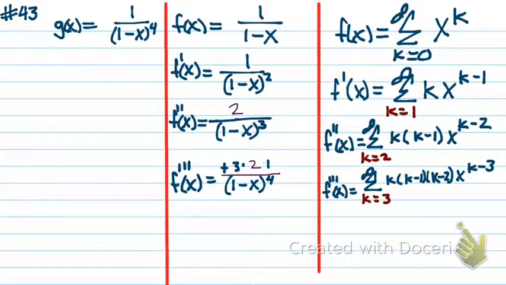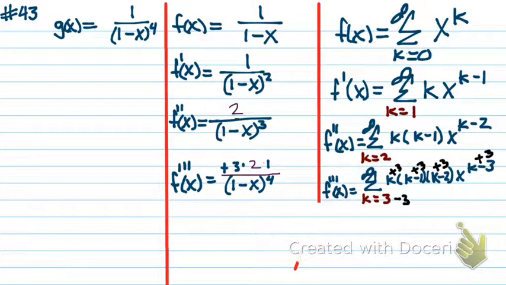Now, I want my index to start at 0, because that's nice. It's clean. So I need to subtract a 3 from the index. If I subtract a 3 from the index, I need to add a 3 to all the k's in the sequence. So let me make some room.